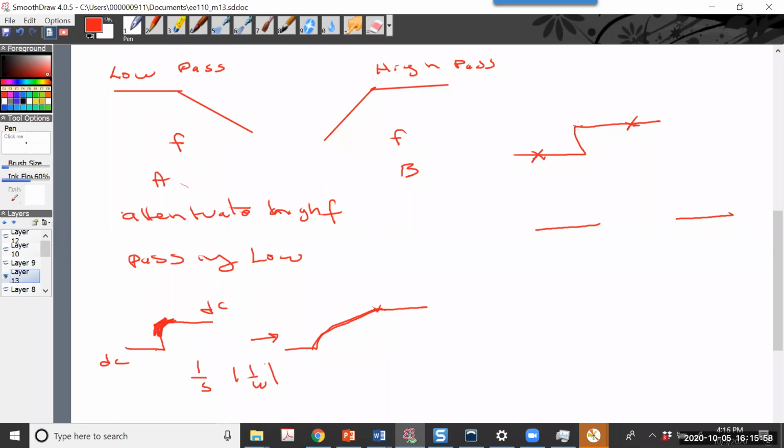And it passes high frequencies very well, which is right at that step. So it goes up, but of course, in many of the circuits that we did, they're exponential decay, and so it comes down like this.